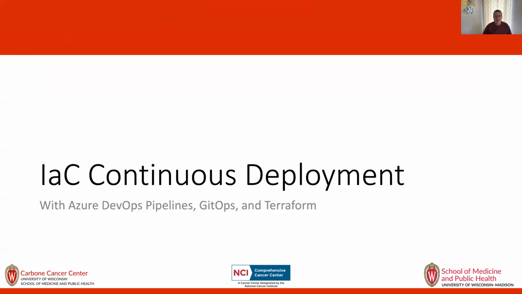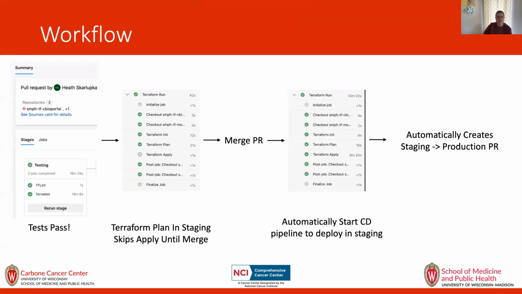So after the continuous integration step, the DevOps engineer is happy with the code they've written and they've gotten a peer review, they're going to want to move on to merging that code and getting it into staging.